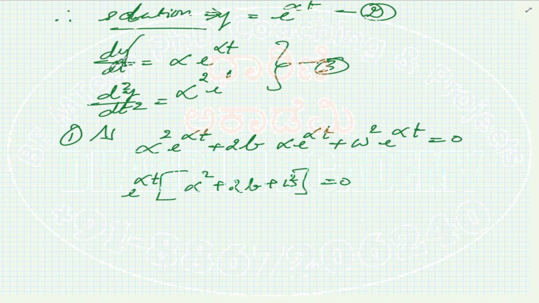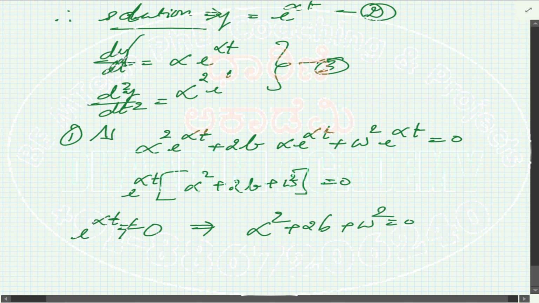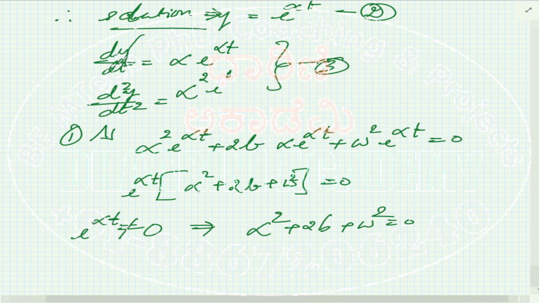Are you okay? Fine. Let's move ahead. This is the condition. I can say that e to the power alpha t cannot be equal to 0. This means alpha square plus 2b alpha plus omega square has to be equal to 0. So we'll find out the roots now.